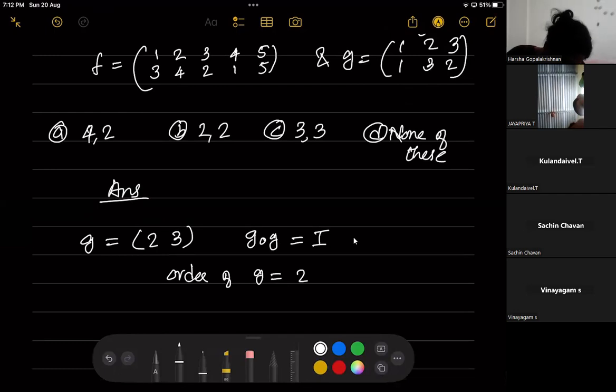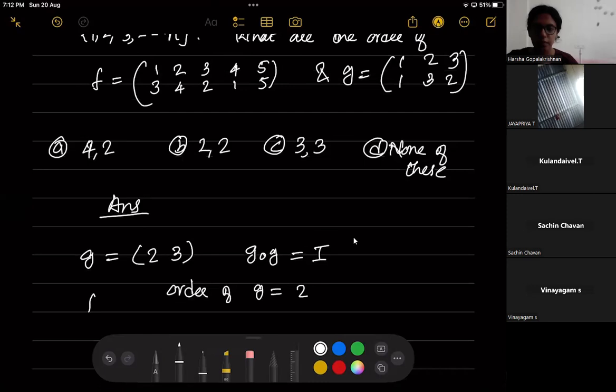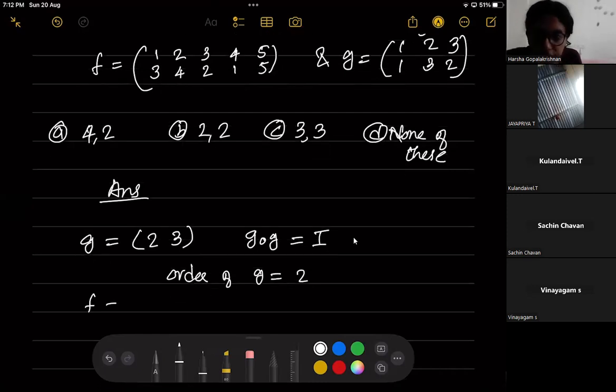Now F also we can write as only one cycle. Can anyone say what is the cyclic representation of F? 1, 3, 2, 4.